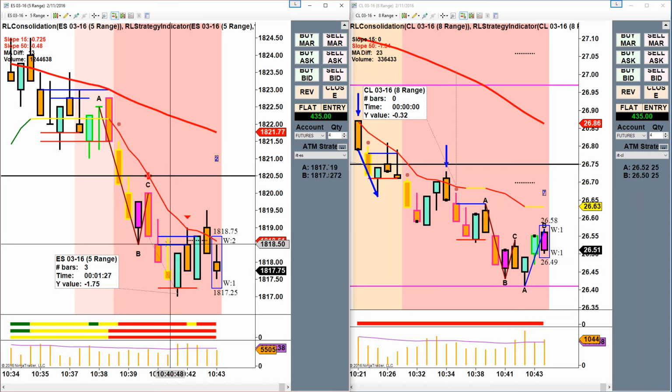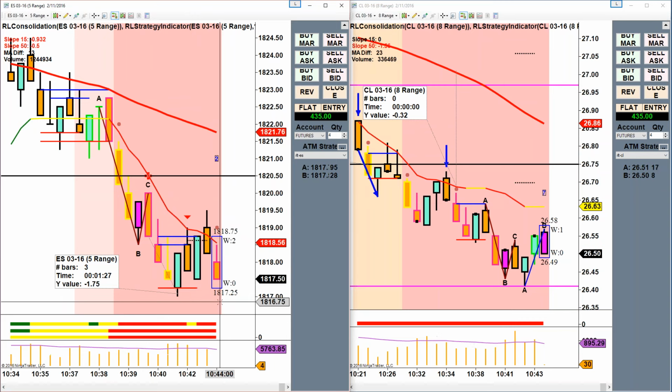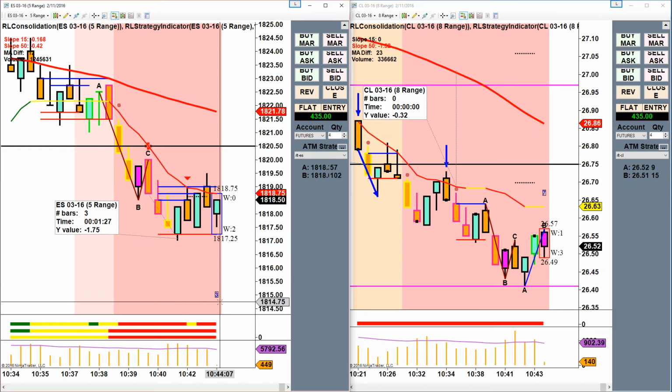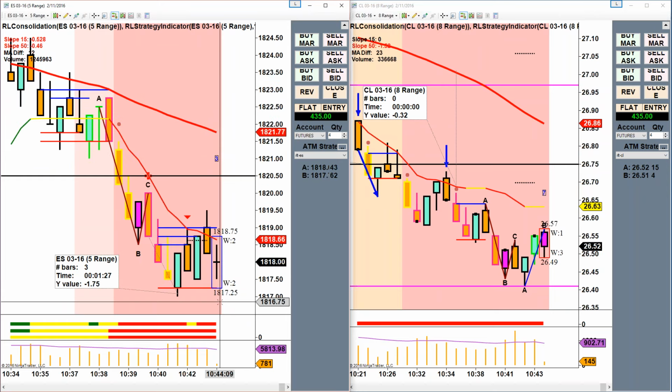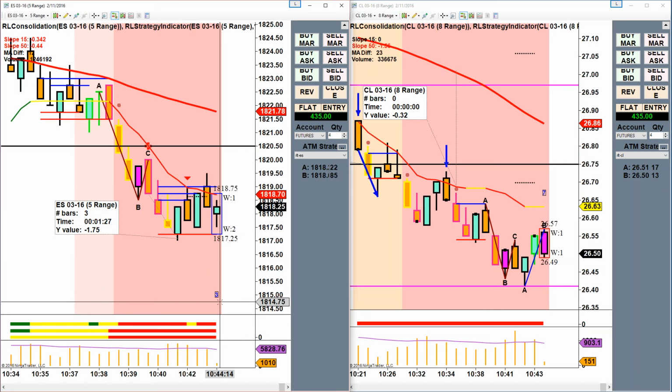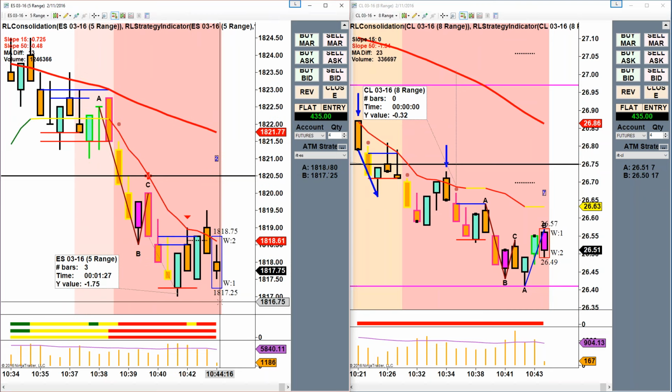Now this trade's already a winner right here. It's already gone 3 ticks. But you're just trading right on the oversold zone here. Let's see if the market will press down any lower.